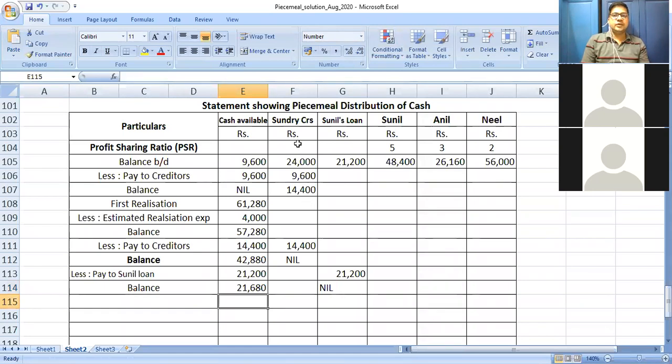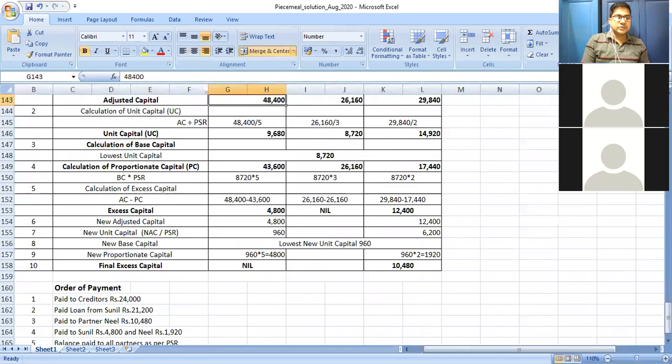I hope you understood what is going on. We paid the sundry creditors first, and as the second liability we paid the Sunil loan. Now there is no liability available in this problem. Now we have to concentrate on the next order of payment, that is paid to partner Nil rupees 10,480.